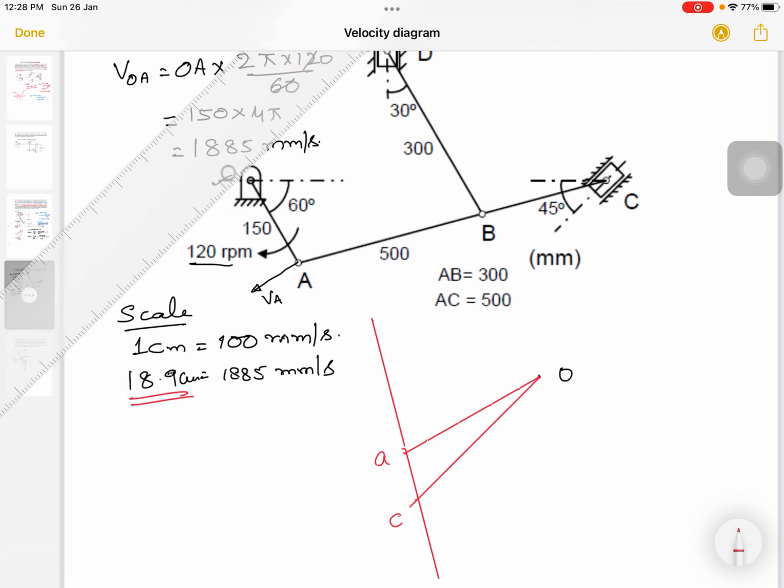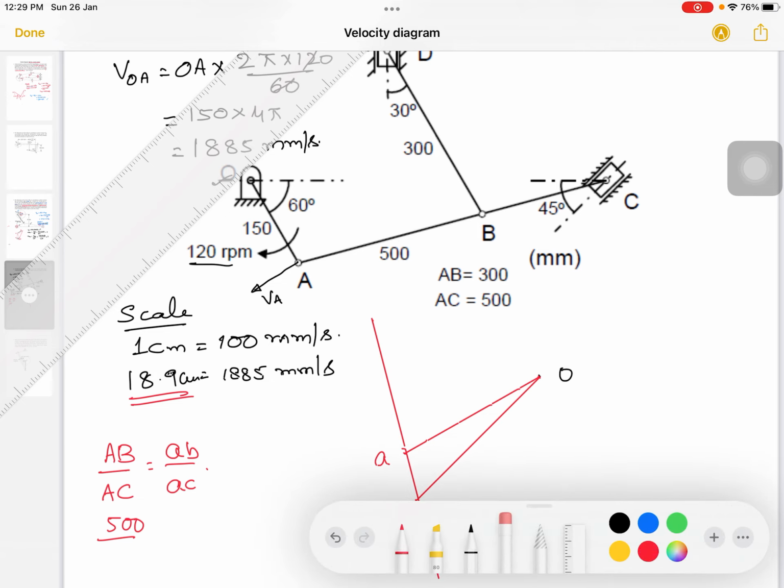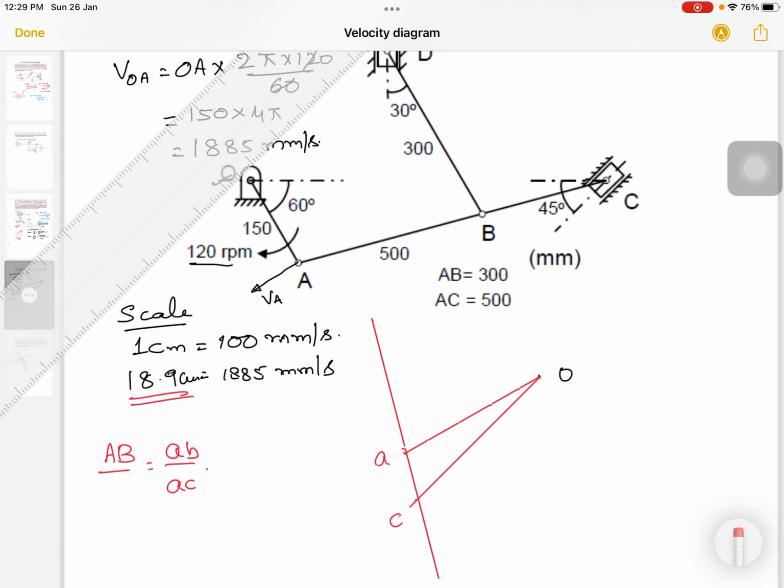This point will be C. Now identify the point B based on the ratio AB upon AC. AB in this case is 300 and AC is 500.